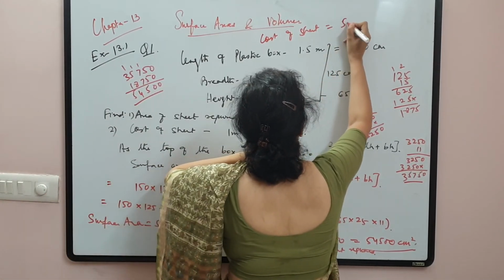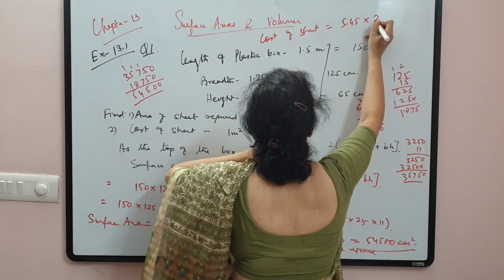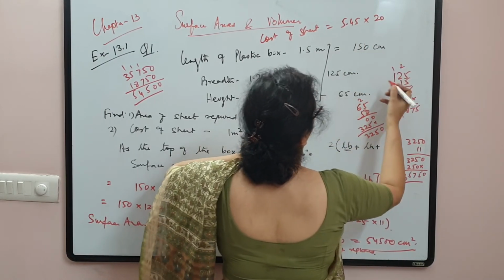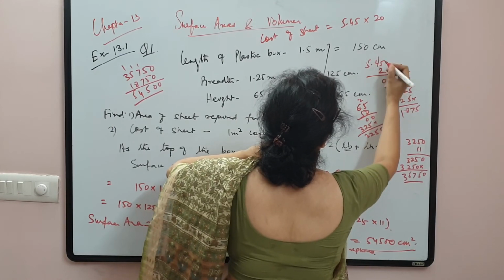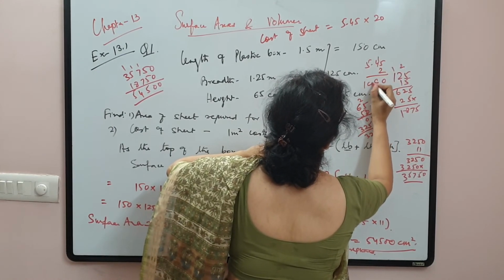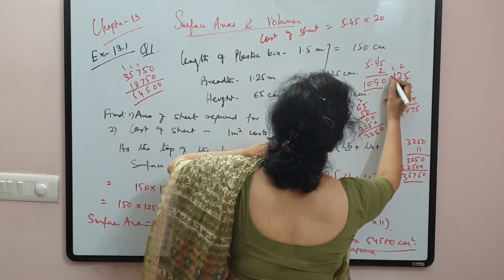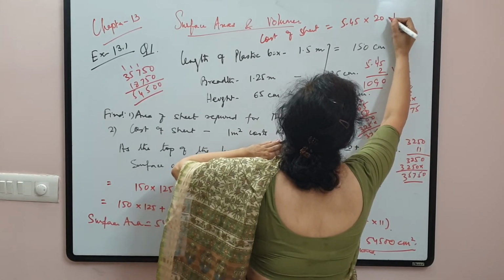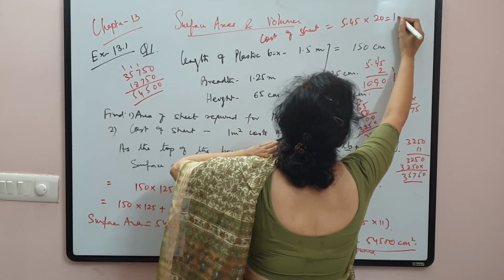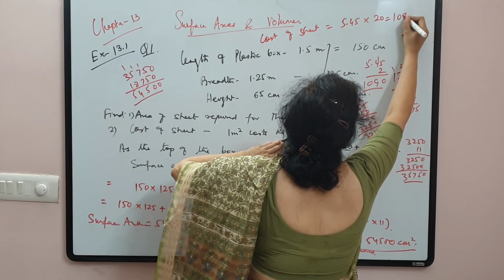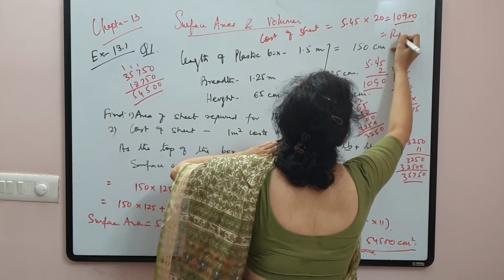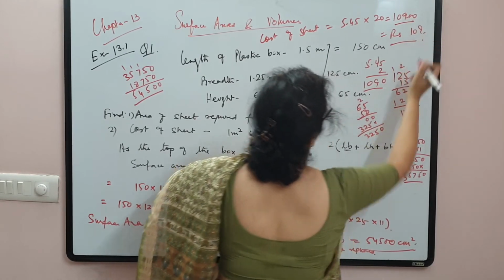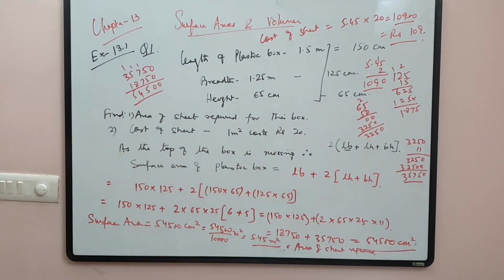So this is 5.45 into 20. Let us multiply, what do we get? This is, children, 109.00, that is rupees 109.